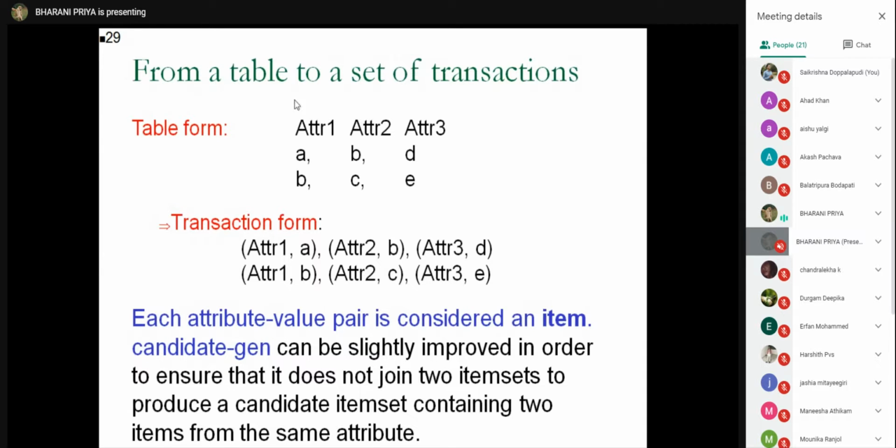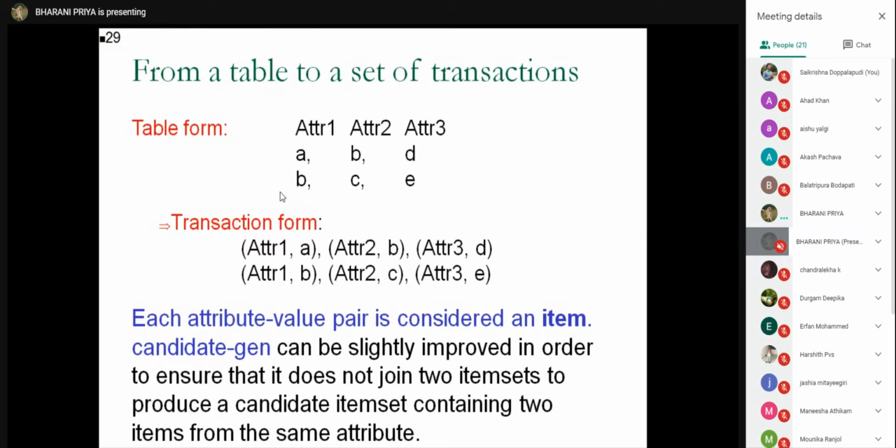See, if I consider only the values, what values will I get? A, B, D, B, C, E, right? Then what is this B and what is this B? You cannot identify. Yes, that's why when you are converting the data from tabular form into transactional form, take the attribute along with the values.